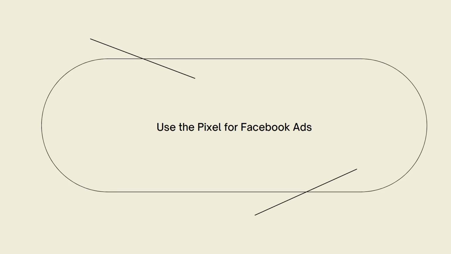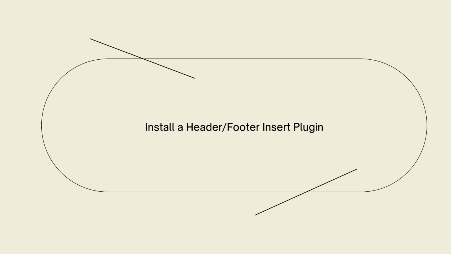Before we end the video, let me share some more steps to further enhance the installation of Facebook Pixel on WordPress. First, install a header or footer insert plugin.